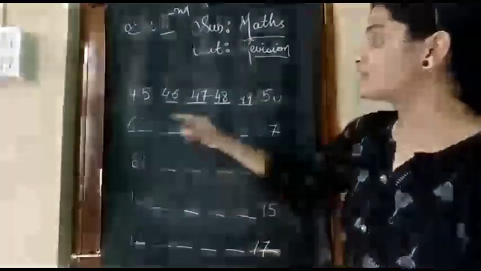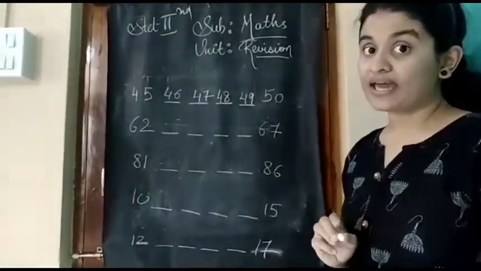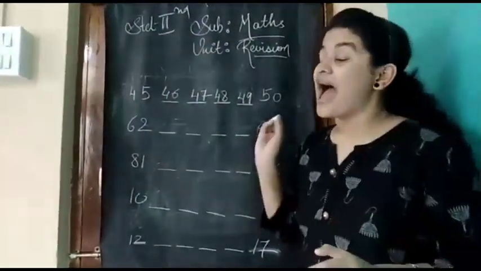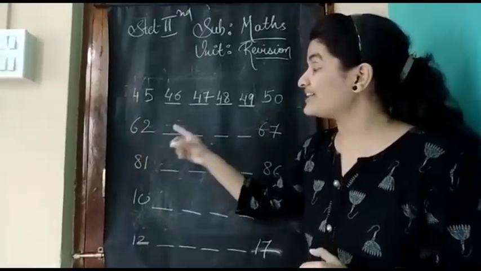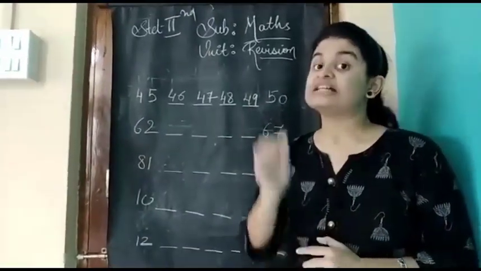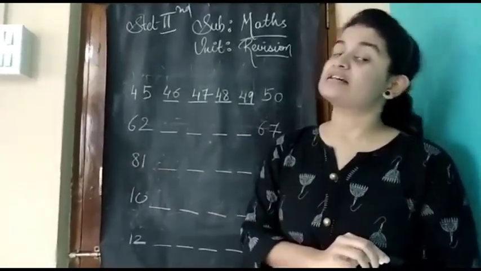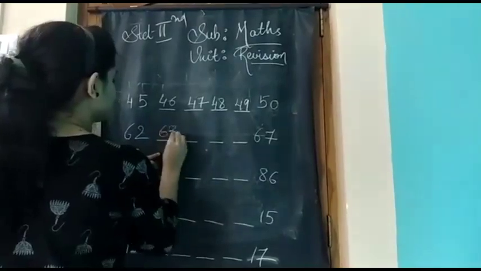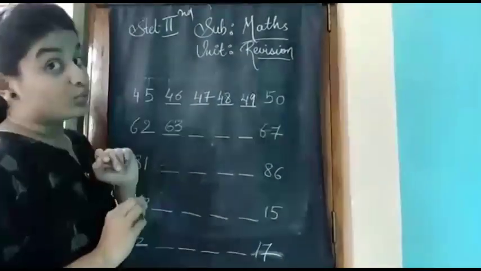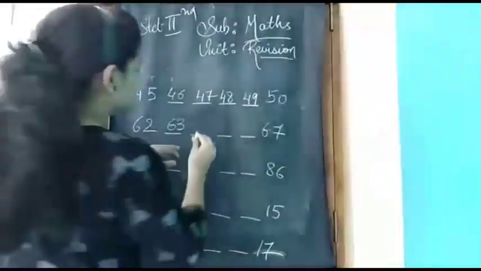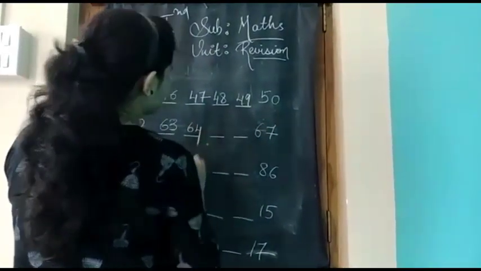तो अब हम दूसरा सॉल्व करेंगे, okay? So tell me, after number 62, which number comes? 62 इस नंबर के बाद कौन सा नंबर आता है? 63. Let's write. After 63, which number comes? 64.